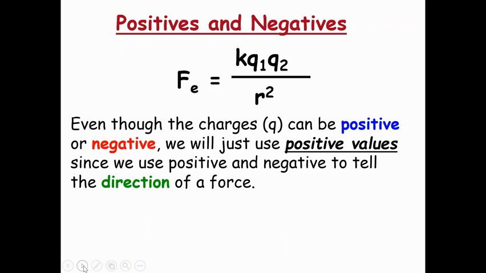So we don't want to mislead by saying that the force is in a particular direction by including a positive or negative in the answer. So really just consider including the absolute value of those charges when you plug into Coulomb's law.